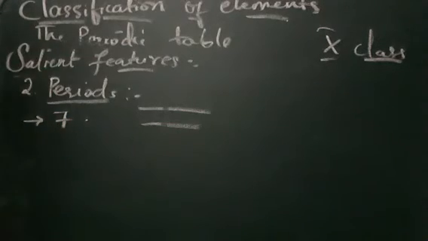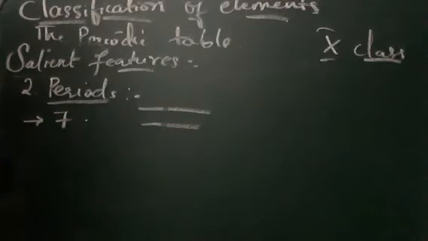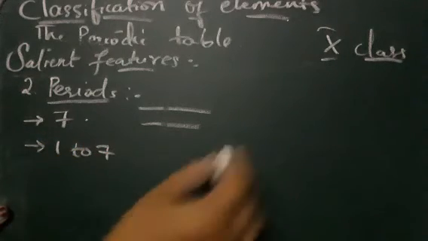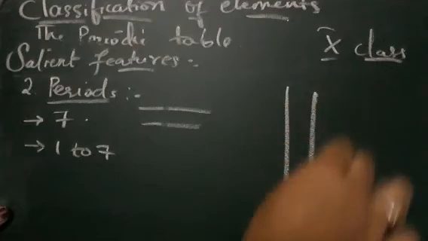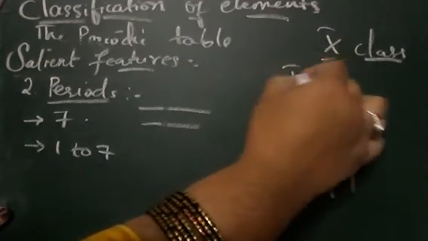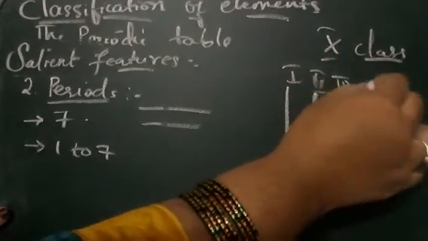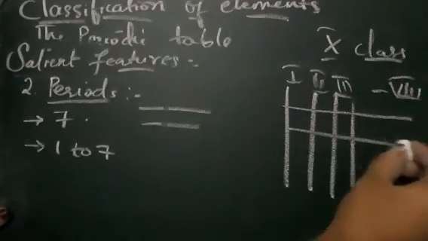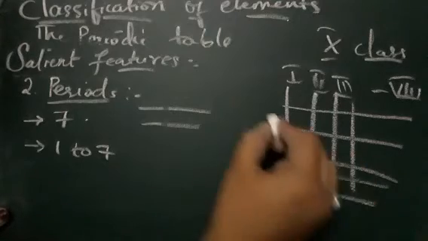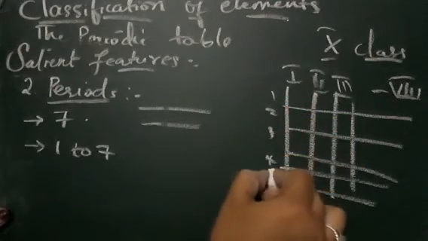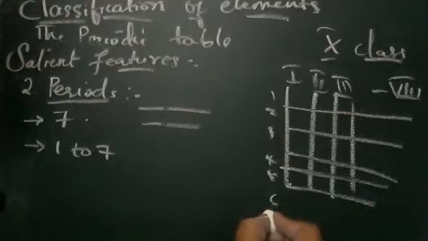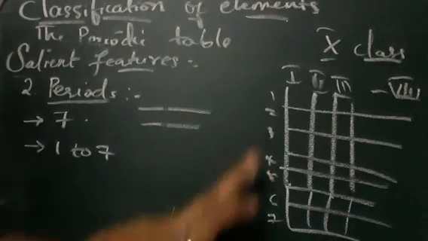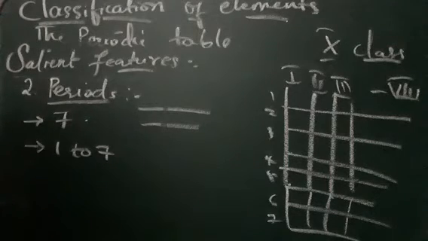Groups are represented by Roman numbers 1 to 8, whereas periods are denoted by Arabic numbers, 1, 2, 3, 4, 5, 6, 7.